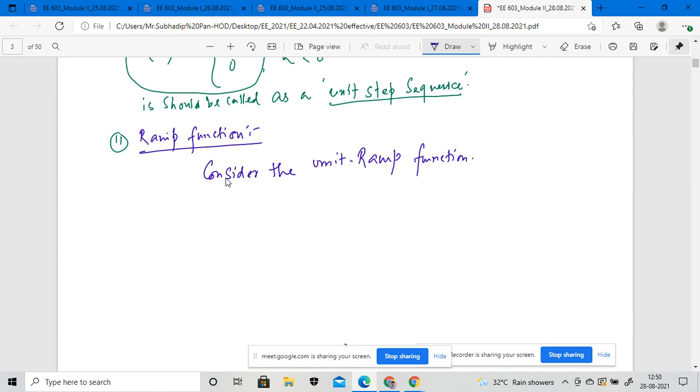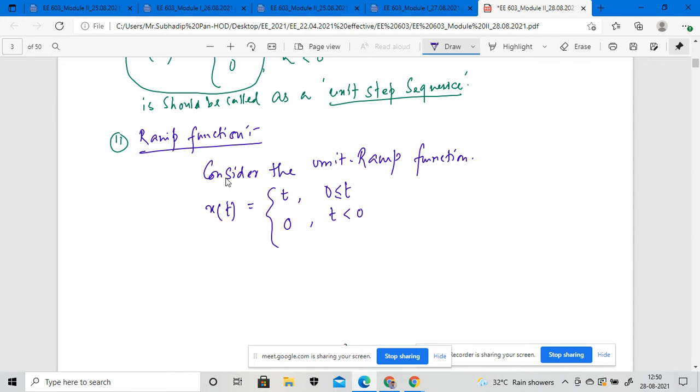Any function, suppose x of t, as we consider the time function x of t, the value of x of t is equal to t when t varies from 0 up, and whenever x of t is equal to 0, we consider t less than 0, right?